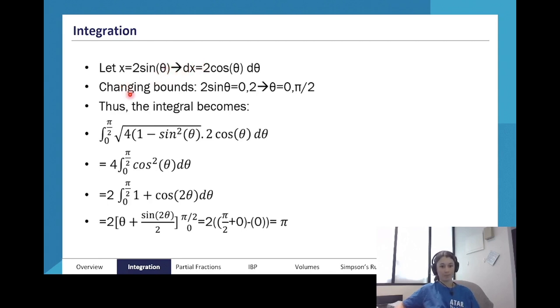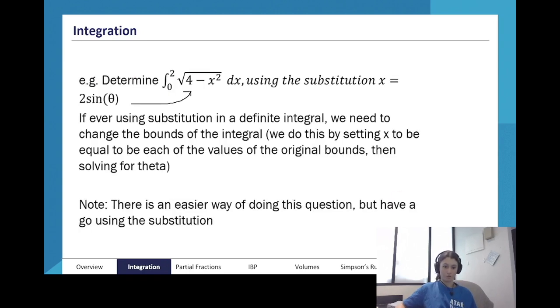Now, we need to change the bounds. This is a step that's important when we're getting into definite integrals as opposed to indefinite integrals where we don't have bounds. As we said in the slide beforehand, we need to let the previous bounds be equal to our substitution. So our substitution was 2 sine theta. Our previous bounds were 2 and 0.